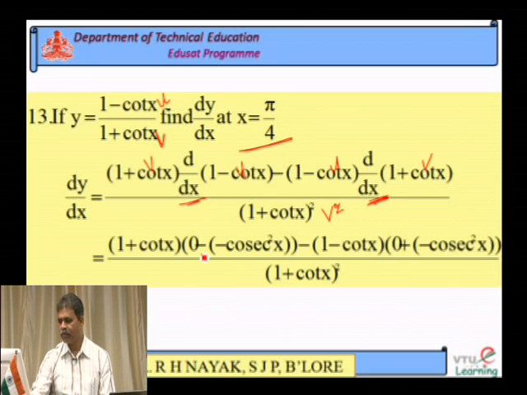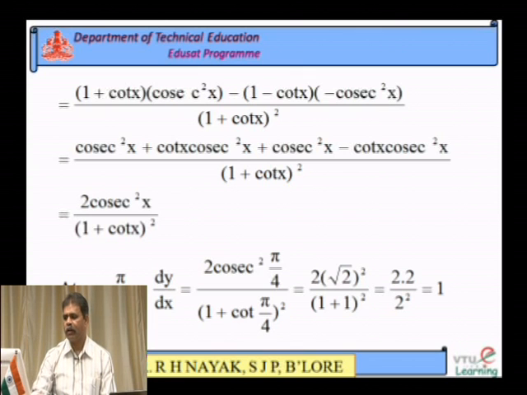Then by leaving zeros, after finding derivatives, we leave the zeros and it is multiplied with the given term. Otherwise, here itself you can substitute the x value is equal to pi by 4. See the next step, 1 plus cot x minus of minus plus cosecant square x minus 1 minus cot x into minus cosecant square x.